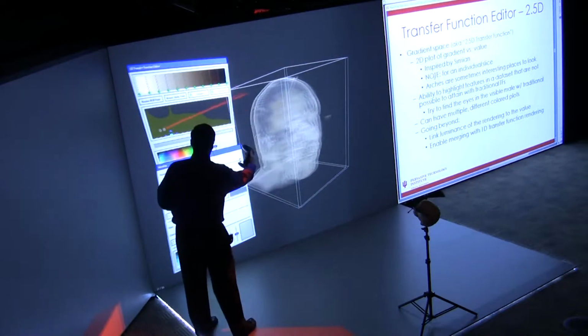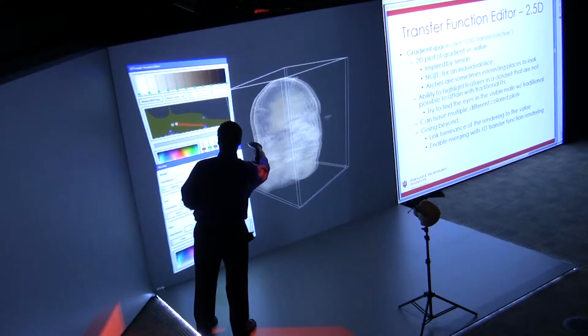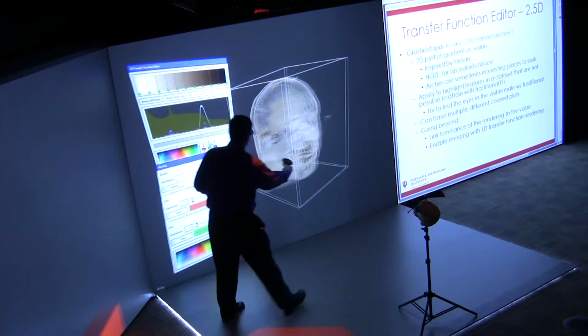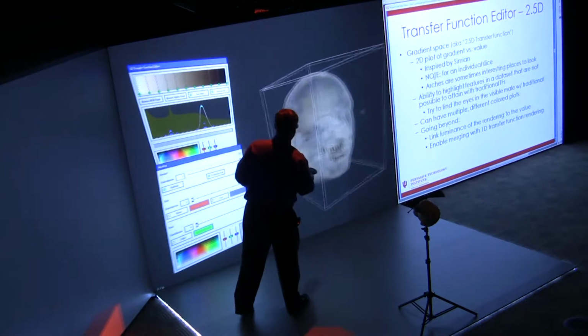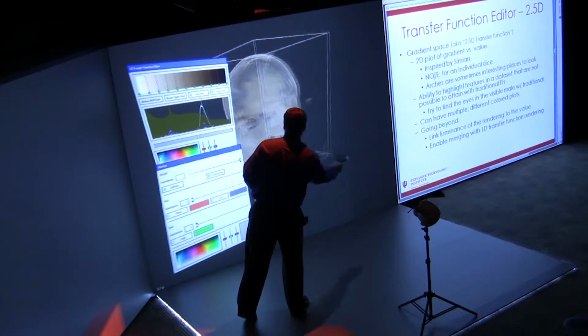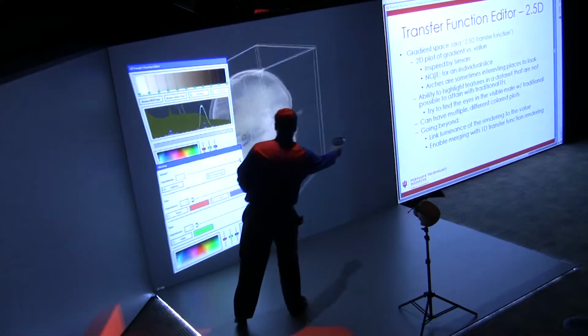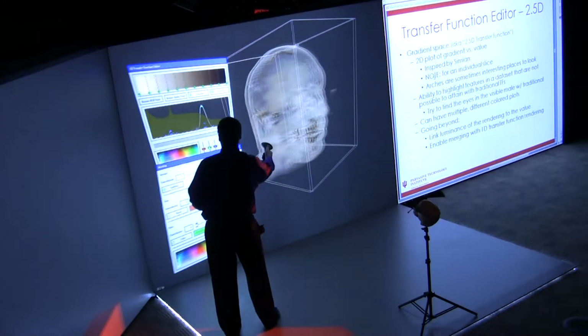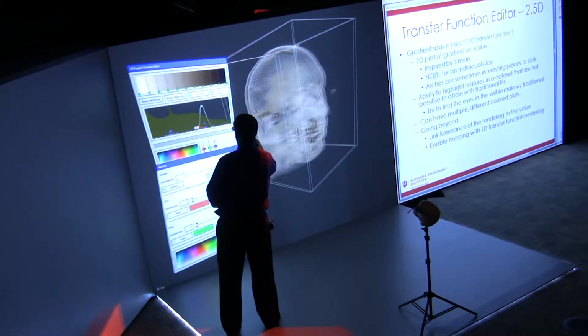But the nice thing now is I can actually add another Gaussian, say over here, and I'll make this one a lot more opaque. So now you can see the denser material, the teeth and the inner ears overlaid, and again we can just kind of grab these things pretty easily, especially when you're tracking.